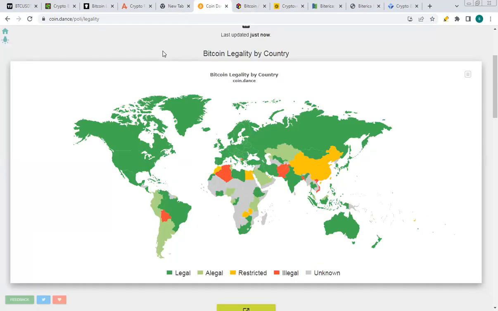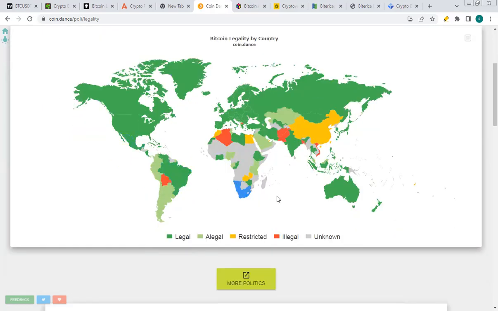Something that's quite interesting that we might have a quick look at here is Bitcoin legality in different countries. We can see Bitcoin is legal in Australia, New Zealand, across the Russian Federation, Mongolia. It's restricted in China, which we all know.